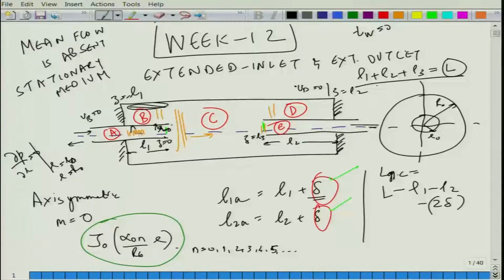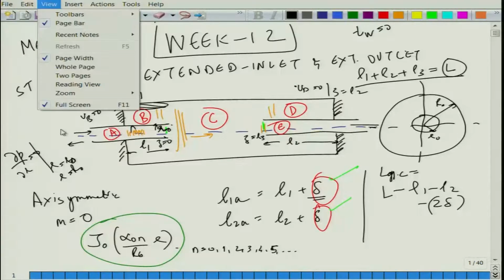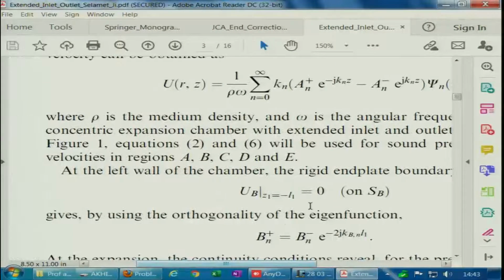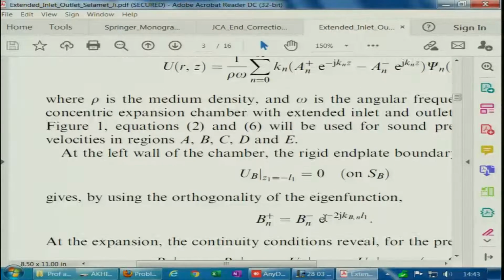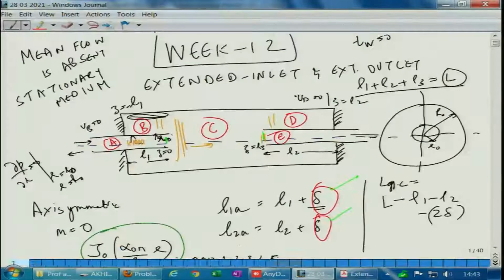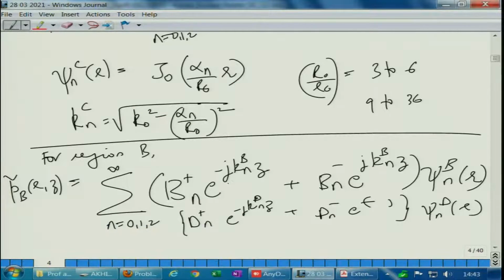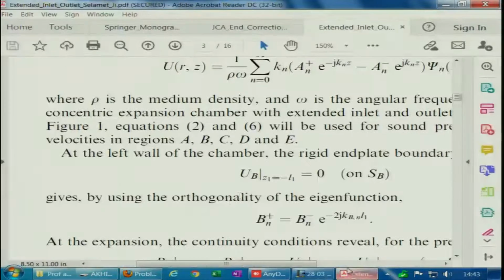So, let us get back to our paper and see what these guys have done. At z is equal to minus L1, we have this. When you do that, we have to look, sorry for going back and forth, but that is the nature of things. We are expressing Bn plus in terms of Bn minus.